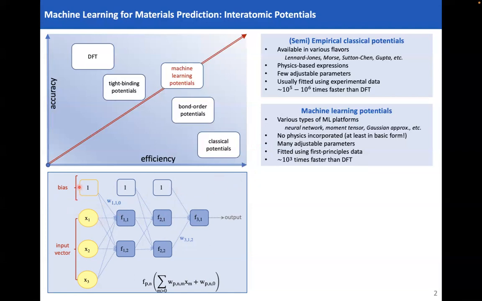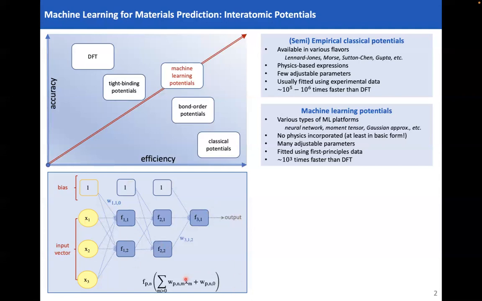We first convert the structural information into proper input for the machine learning platform, which is a fixed length numerical vector, and then adjust these parameters during the training process such that we get the best compromise and the least error in reproducing the target values, which are energies and forces and sometimes the stress components.